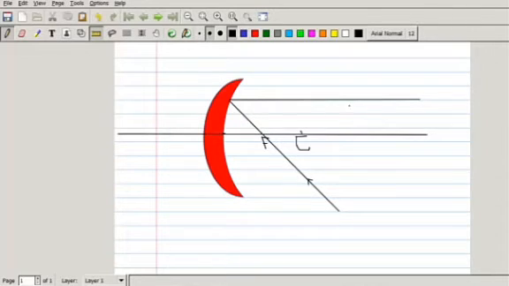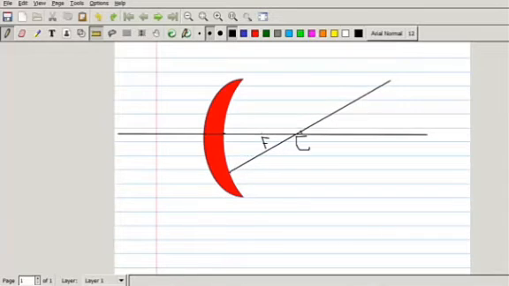Then the next rule is: the light ray which passes through the center of curvature will be reflected back along the same direction.